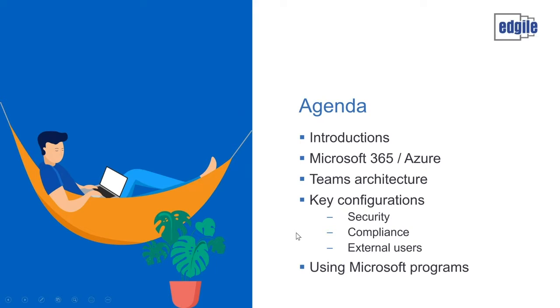So the agenda. Teams is the focus of this discussion because Teams has become the new user interface for Microsoft and for collaboration. But to really understand Teams, it's rooted in the Microsoft 365 and Azure platform.